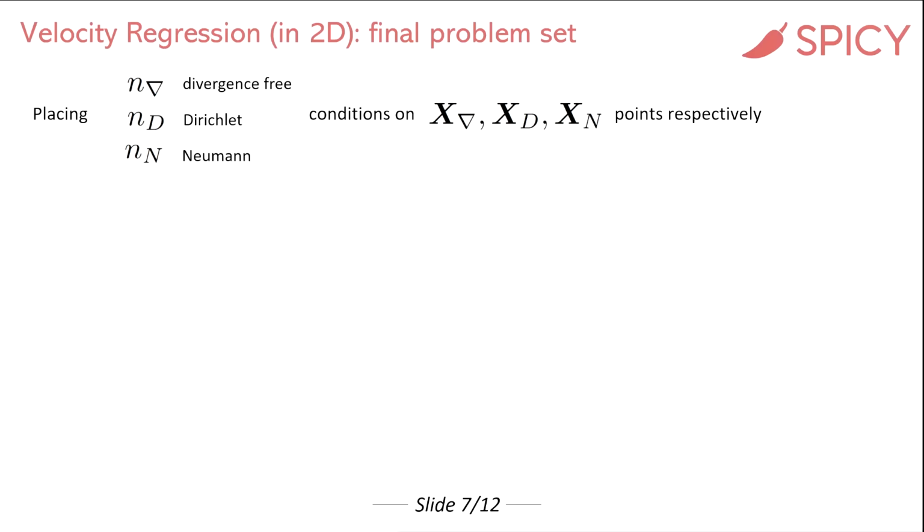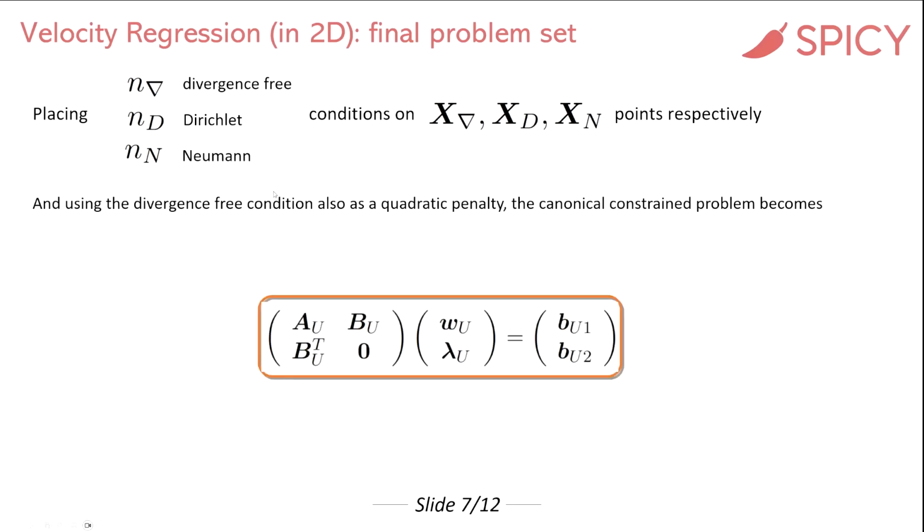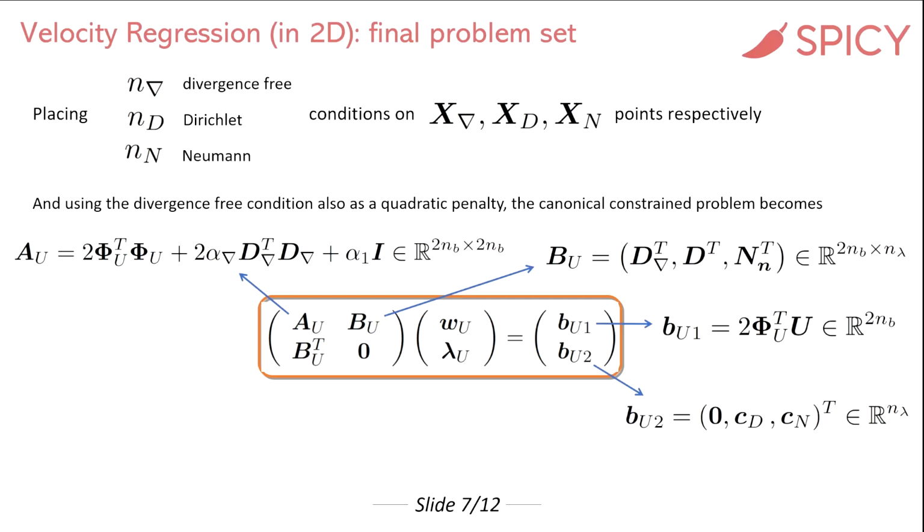In line with what we saw in the previous video, SPICY will construct a linear system which will usually take the following form. Remember, we are dealing only with linear constraints and quadratic penalties, and so this will produce a block-like structure which we have discussed in the previous videos.